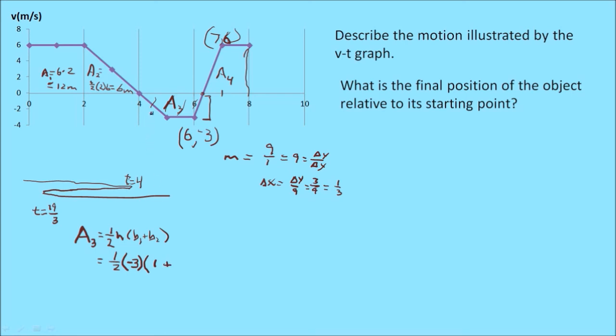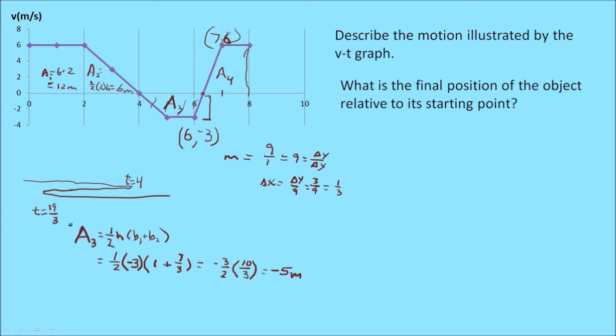Plus the other base goes from 4 to 6 1/3, which is 2 1/3, or 7/3. So this is going to be -3/2 times 10/3. 3's cancel, the 10 and the 2 cancel. That ends up being -5 meters.